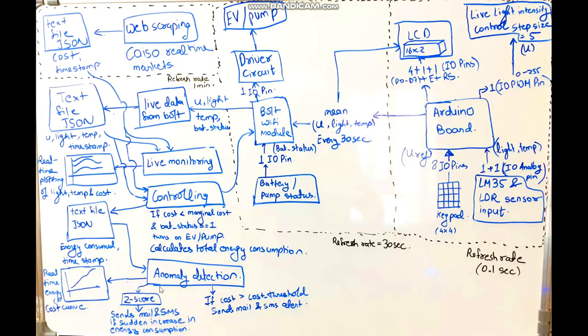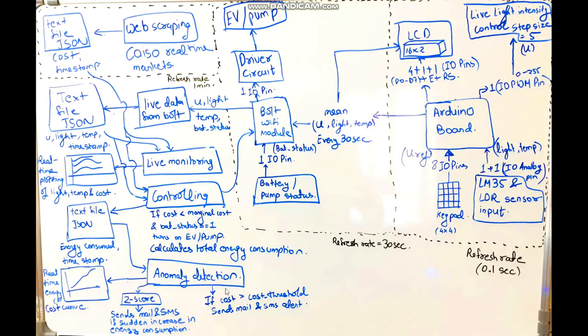It adds up the cost at every instant and shows the total cost with respect to time. So if you see the latest value of this graph, it will show that up to now I have consumed, let's say, $0.5 of energy or something like that.